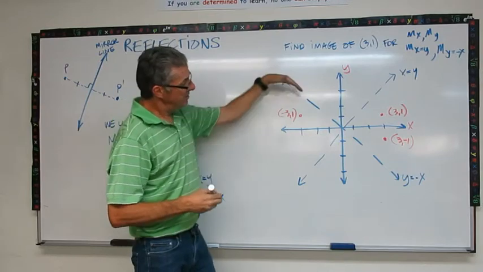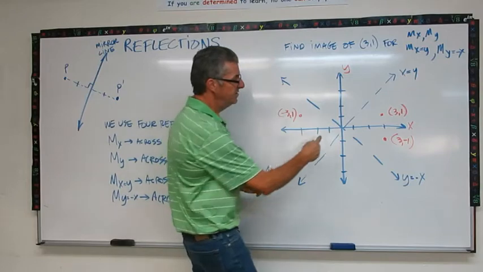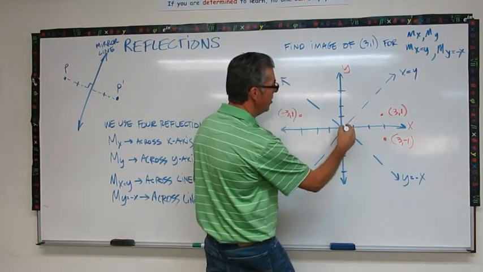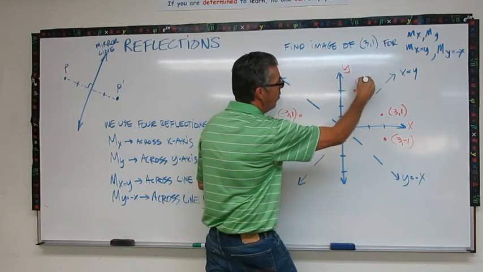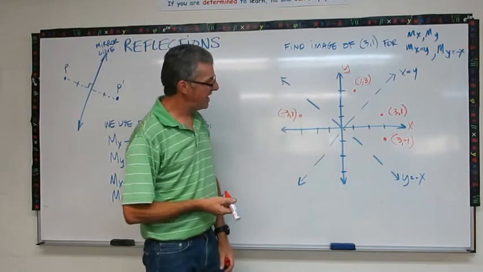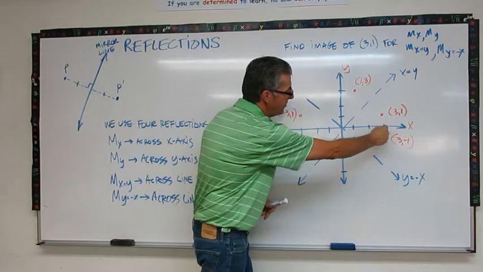Now these two, the diagonal lines, are going to be a little bit more difficult, but not by too much. So this one is 3 over and 1 up. To get the reflection, I'm going to go 3 up and 1 over. And so this is going to be 1, 3. And you can see I've drawn that pretty much to scale. It works. Now this one is the most complicated one. We're over 3, 1 up.